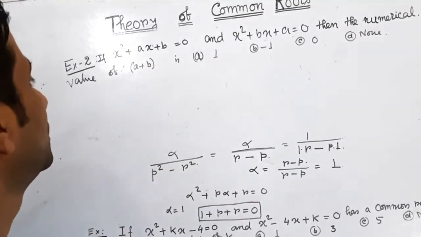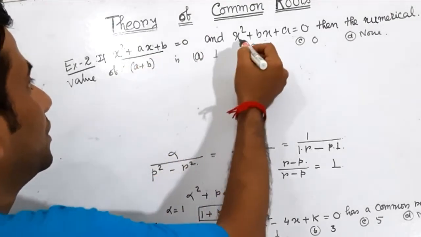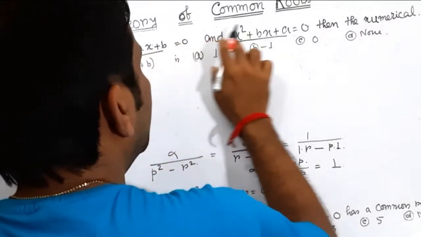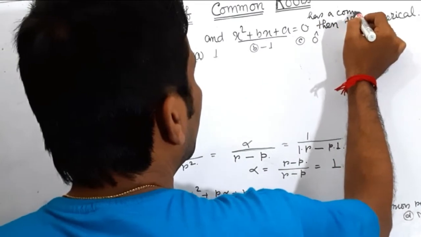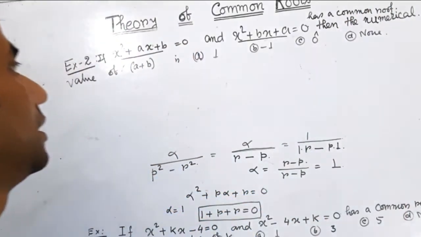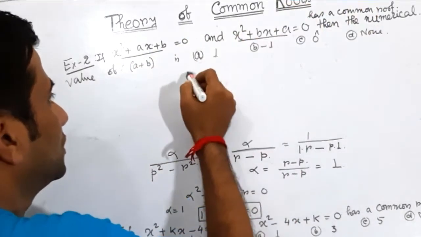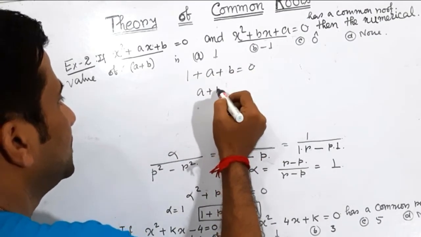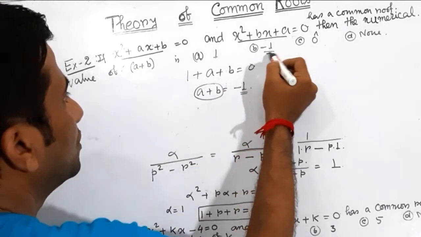From the above theorem, if these two equations have a common root, then 1 plus a plus b is equal to 0, then a plus b is equal to -1. So the numerical value of a plus b is equal to -1.